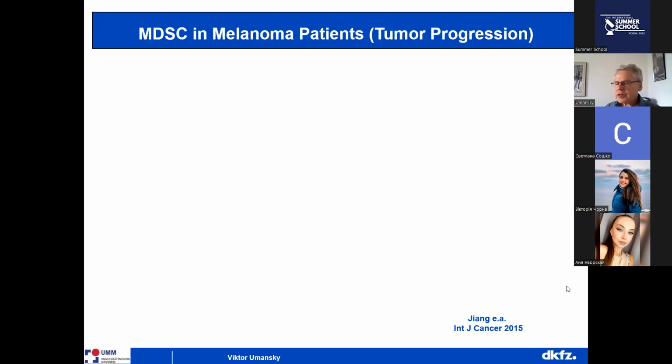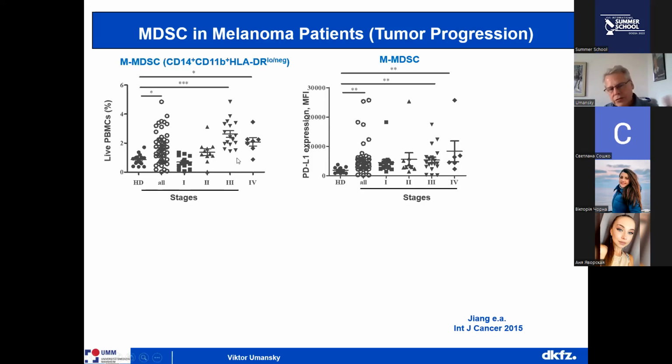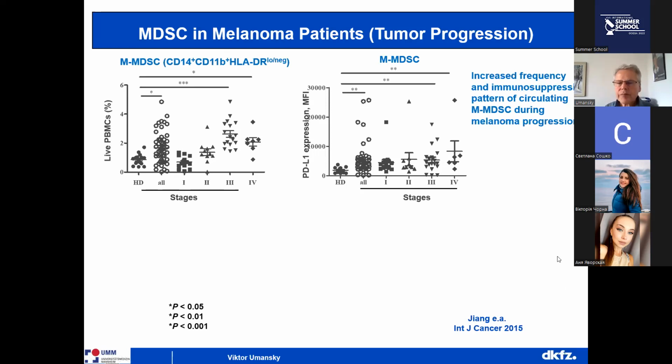Now, is it only a phenomenon of mice? No, it also happens in humans, because we found that during melanoma development there is an accumulation of monocytic MDSC. You see the different stages, and there is an accumulation of cells expressing PD-L1.